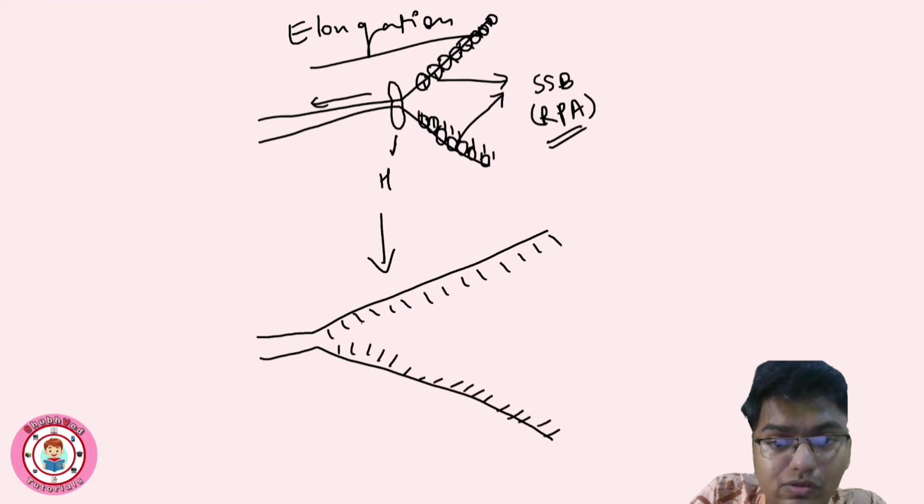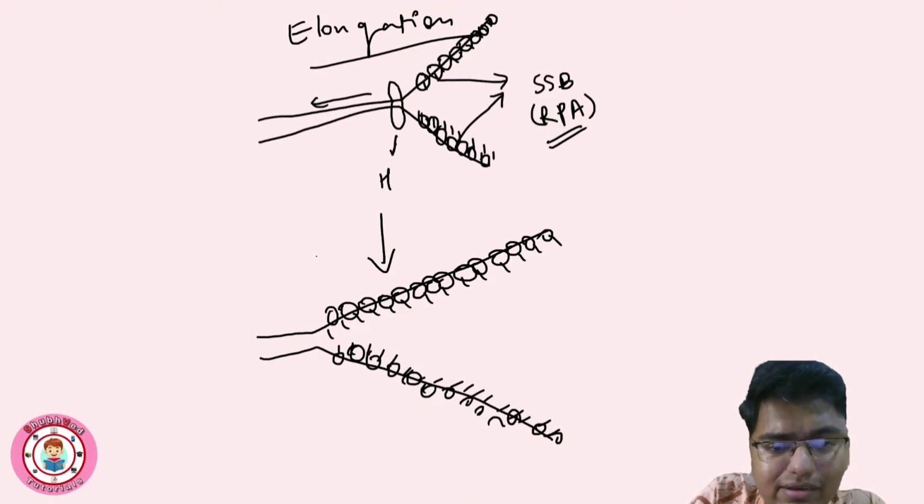So again here SSB, RPA will come, like this, for inhibition of the double strands so that they cannot bind again to each other. Here are joined bonds, correct? Here are the bonds which are joined to each other, not separated. As the helicase unwinds and goes further, DNA polymerase will continue the addition of nucleotides. That's it for the elongation.